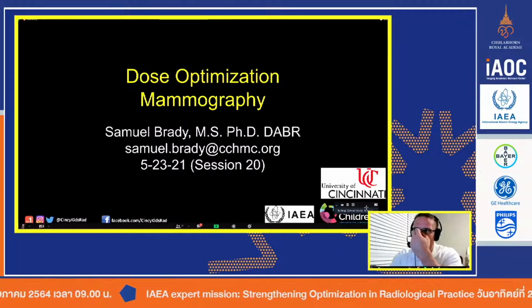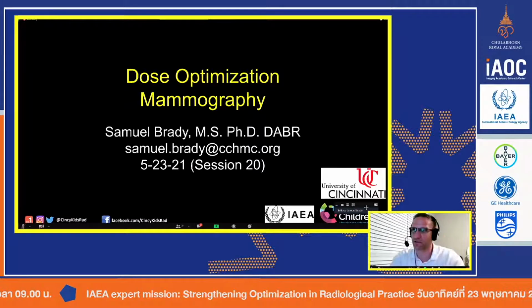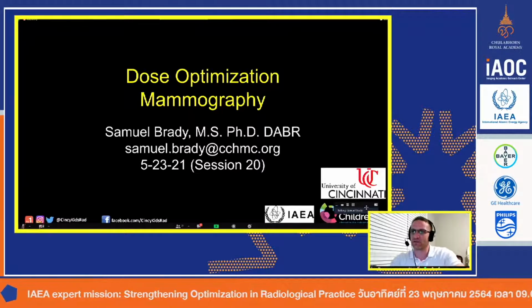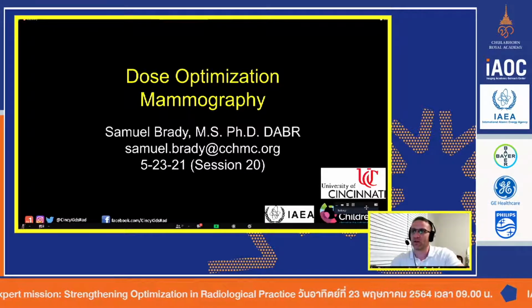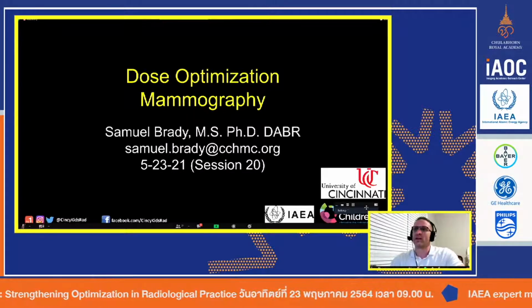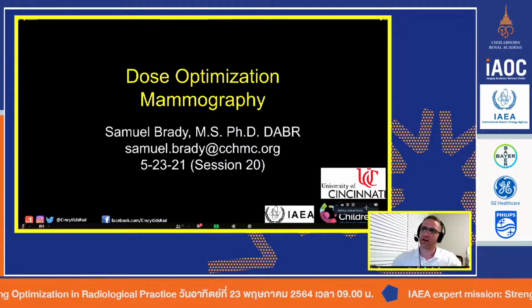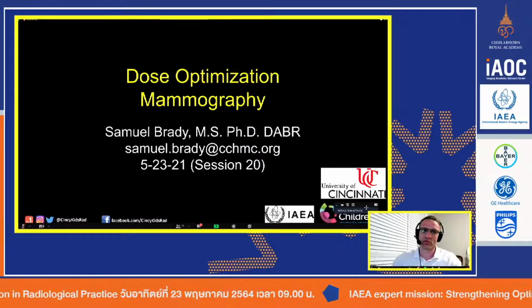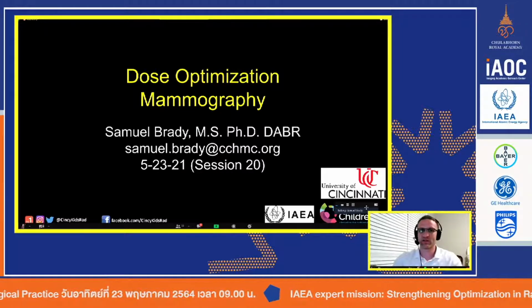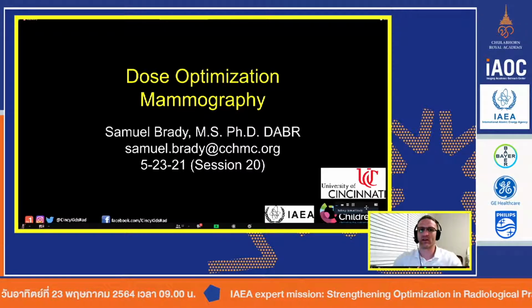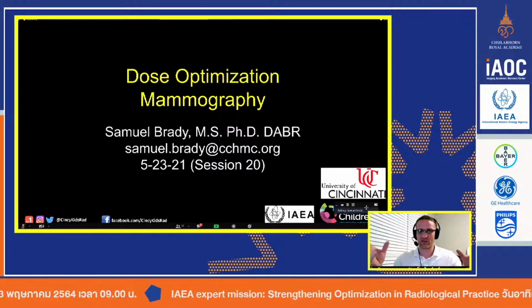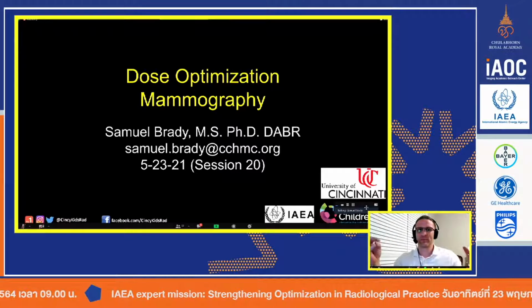So the next question. Hong is asking, for stochastic effects, do we use AGD or effective dose? That's a good question, Hong. So the answer is when you look at stochastic effects, that is based on population average doses, and that's effective dose.